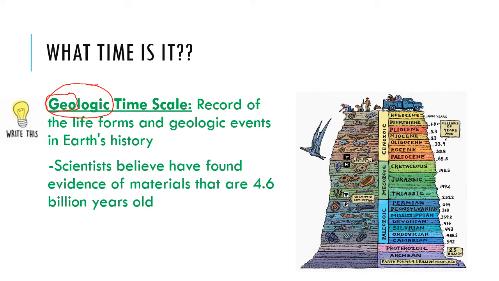Scientists believe to have found evidence of materials that are 4.6 billion years old. Holy cow, that is old. And if we look down here on our image, we can see the beginning, 4.6 billion years old, all the way to most recent.